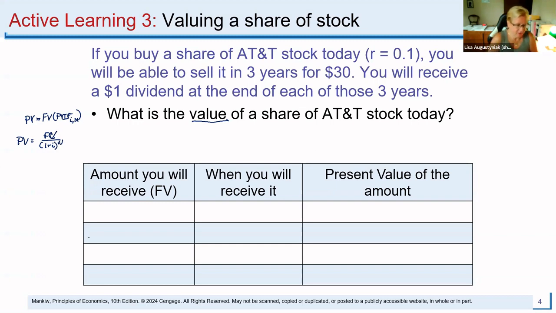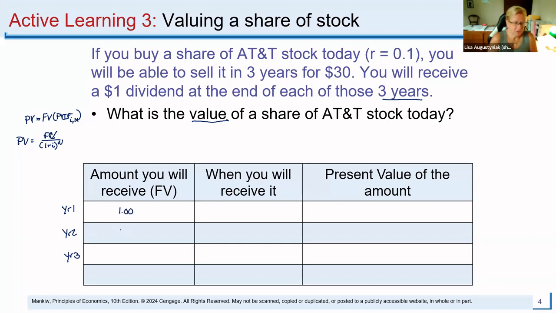So here we have our years. Here's year 1, year 2, year 3. The amount that you're going to receive: it says you're going to get a $1 dividend at the end of each of those years. So the amount in year 1 is going to be $1.